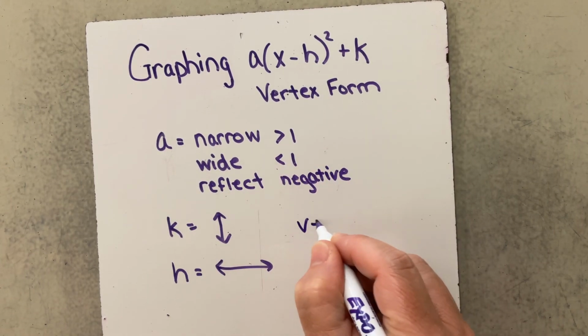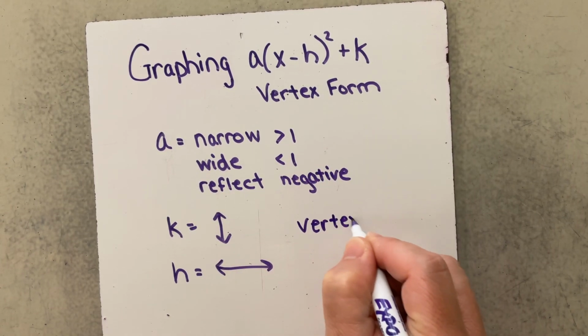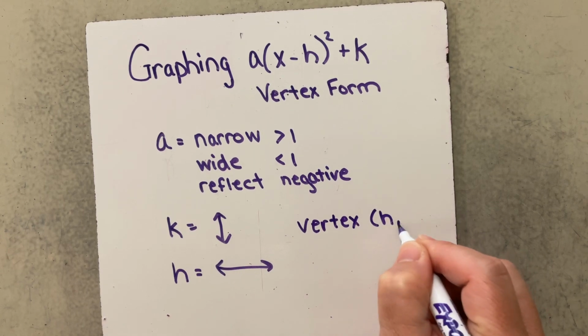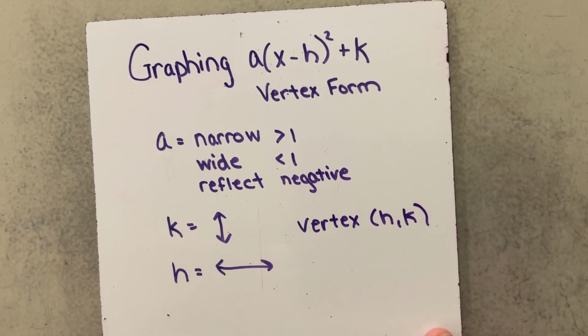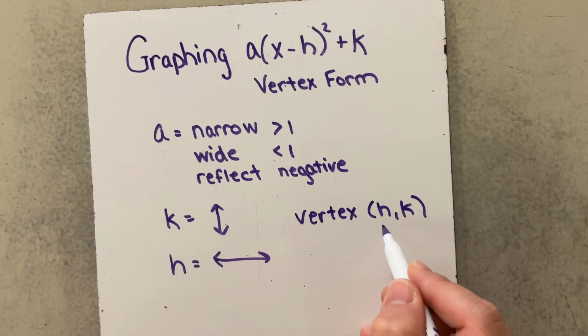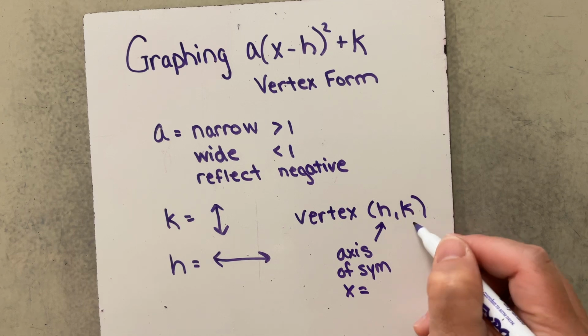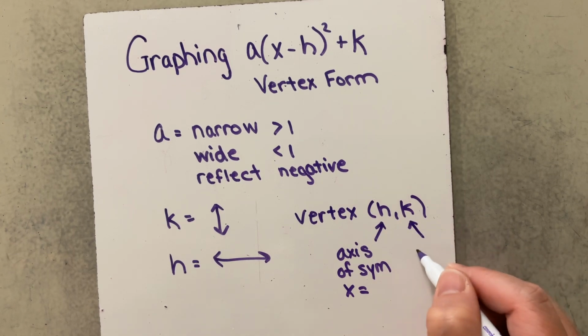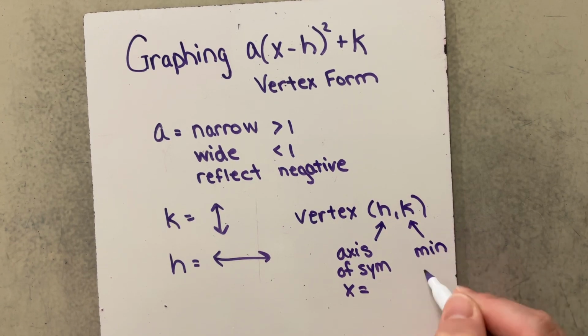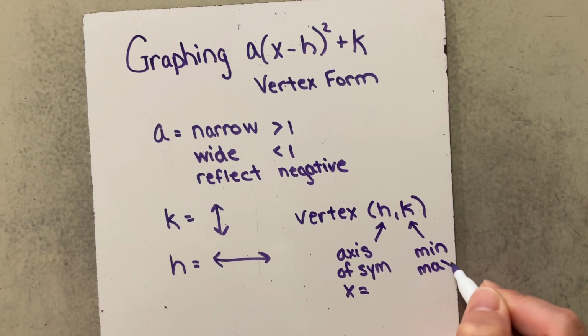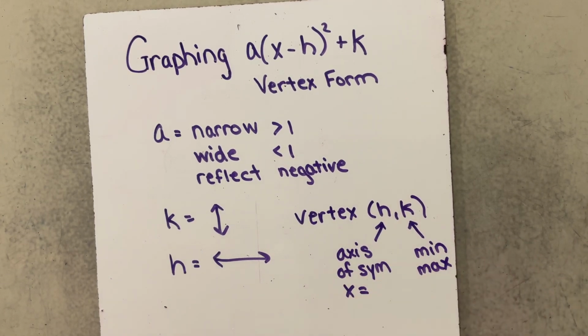So our vertex is going to be at (h, k), which means my axis of symmetry is here, my x equals. And this one, depending which way it's turned, will either be my minimum or my maximum. So vertex form really gives us quite a lot of information.